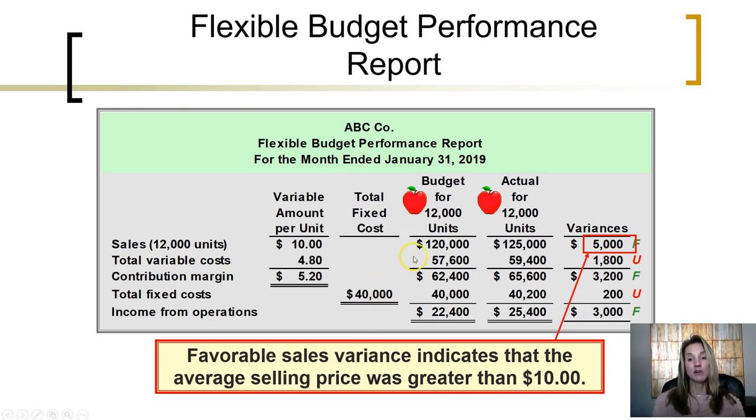Thus, what we can now do is take our flex budget that's based on sales of 12,000 units and compare it to actual results of 12,000 units.